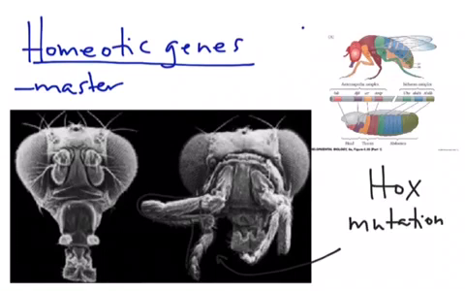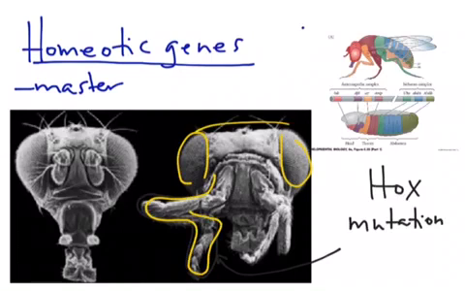So we actually have the head, so we have an eye, and an eye. This is the head of the insect, but most unusually you have a leg that's growing out of the head of the insect. In other words, due to a mutation in a master gene, you've got a whole body part that's growing in the wrong place.